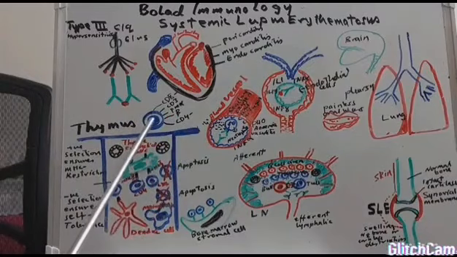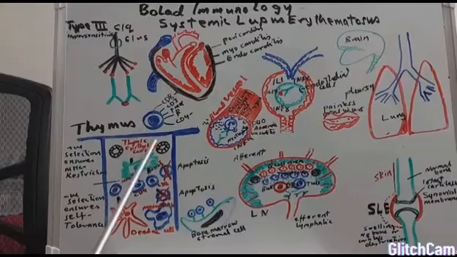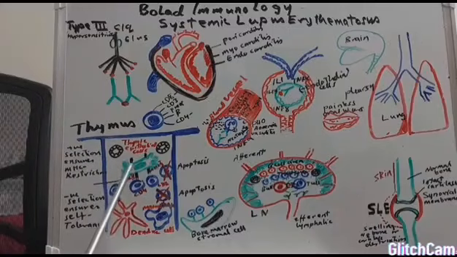So immature T cells enter through high endothelial venules as immature cells and interact with the thymic epithelial cells. These thymic epithelial cells express major histocompatibility class 1 and major histocompatibility class 2.